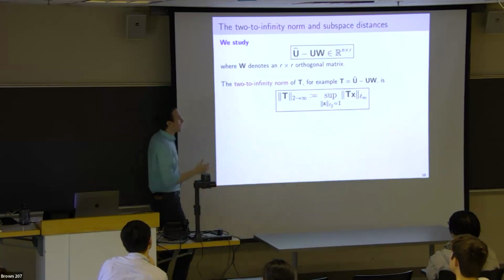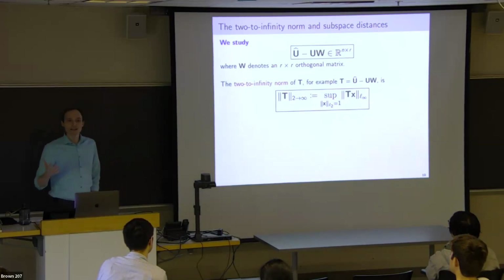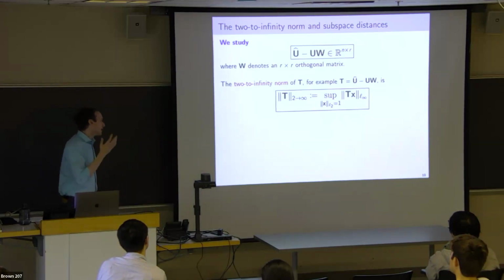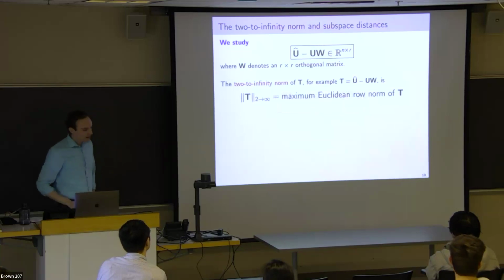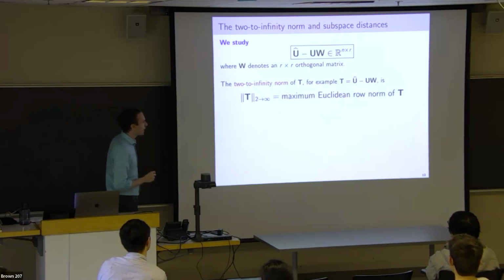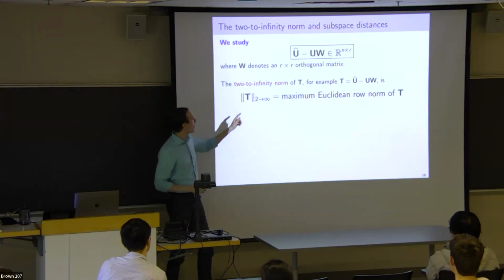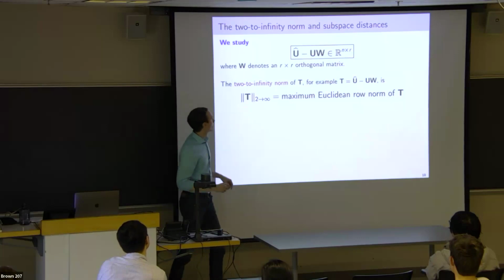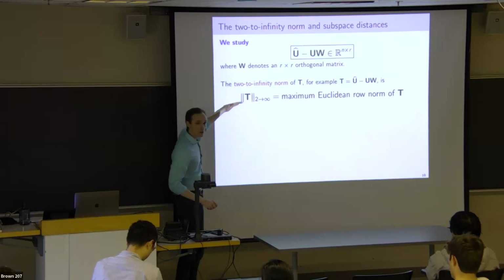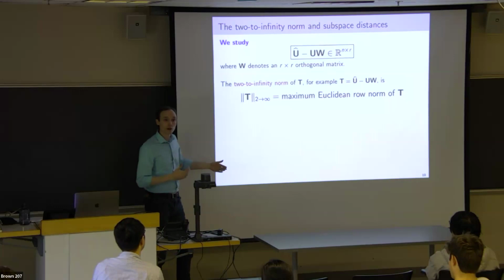Now, what the heck is this thing? At first blush it's not immediately clear, but with a little bit of work, we can check that this is simply the maximum Euclidean row norm of our matrix. So we're just computing the L2 norm for all the rows, and looking at the largest one.